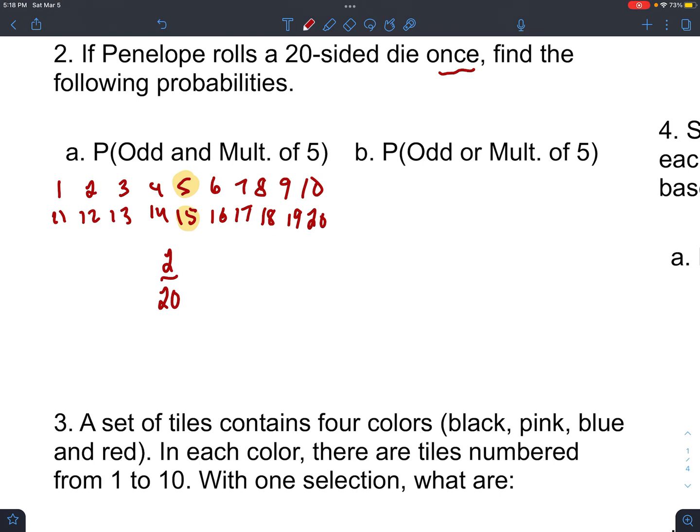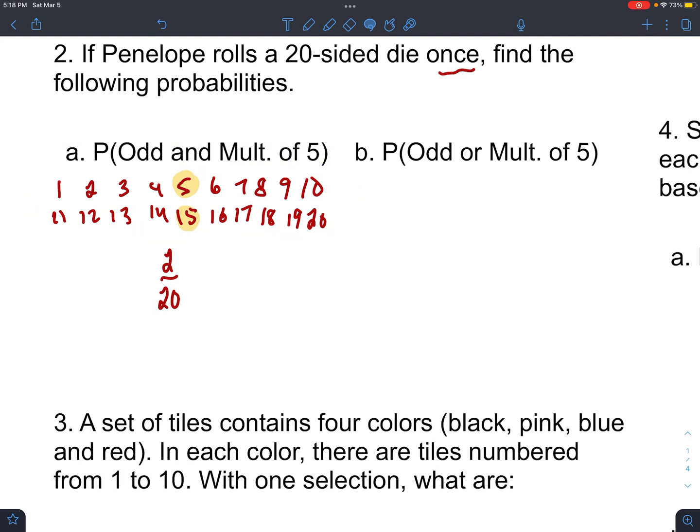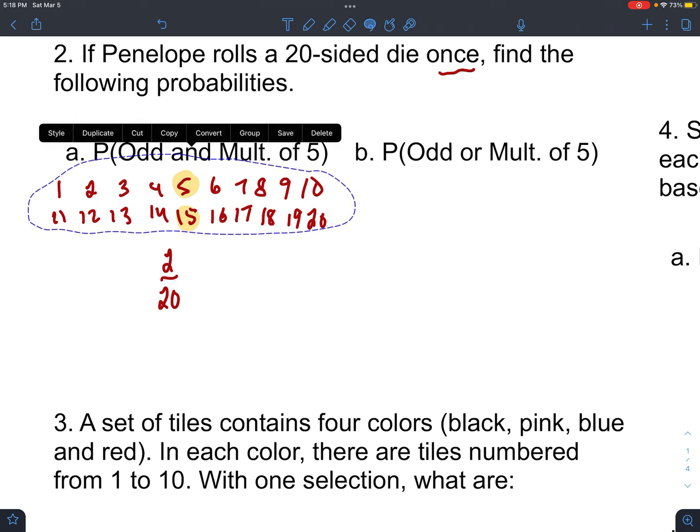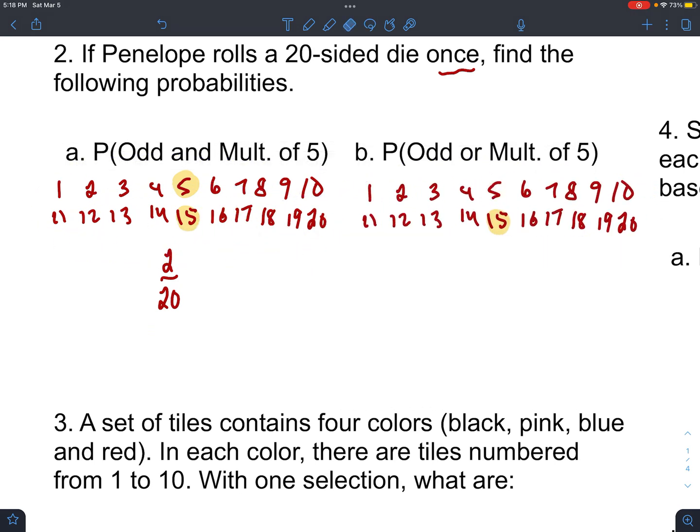Okay. Now, let's copy and paste those. So that was "and". So "and" always means both. It means that in English too. So "or", though, means one or the other or both. So it could be odd, it could be multiple of 5, and it could be both, and it would still be considered a success.